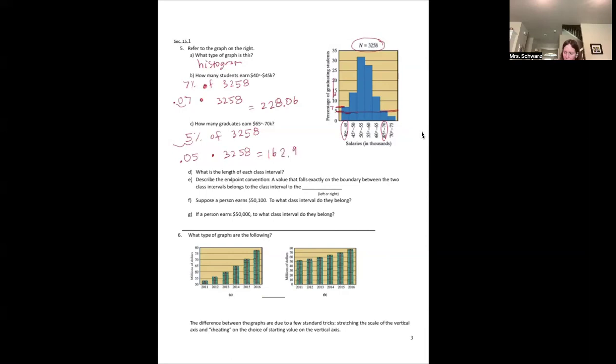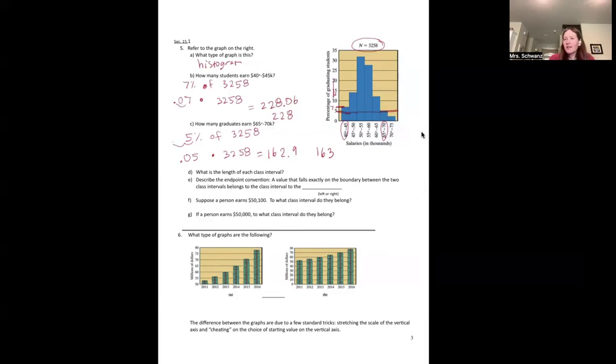I think it's fine if we just round regularly here, so I'm going to round to 163. So there's about 163 of those graduates who make between $65,000 and $70,000. And I'm going to round this regularly, so down to 228 that make between 40 and 45,000.